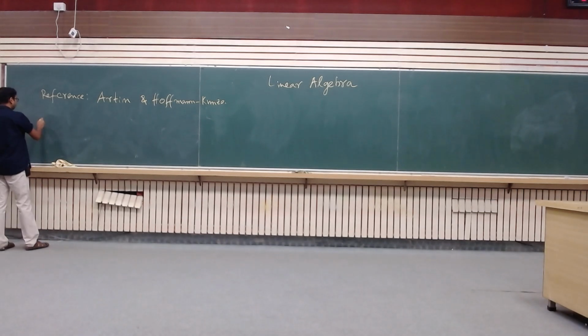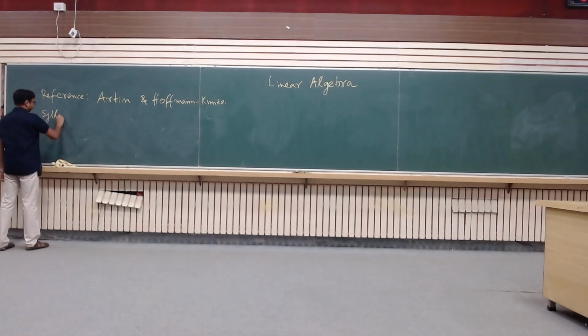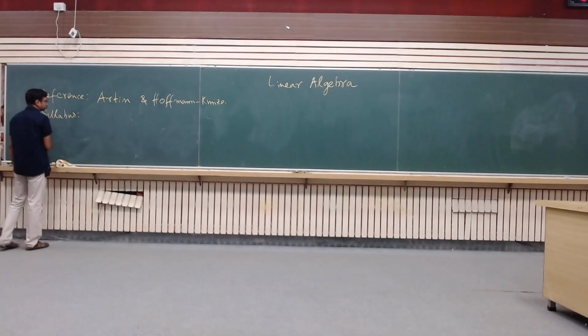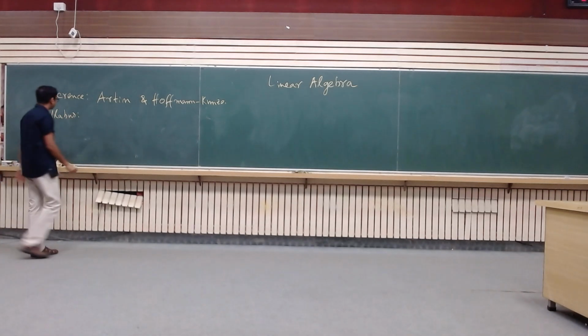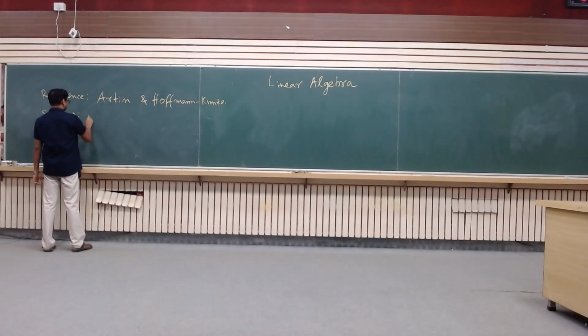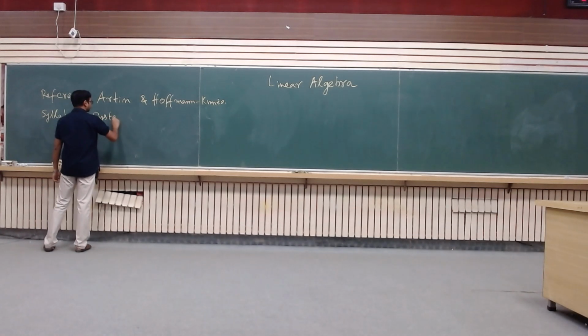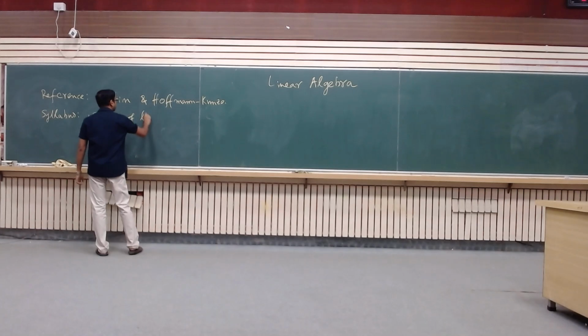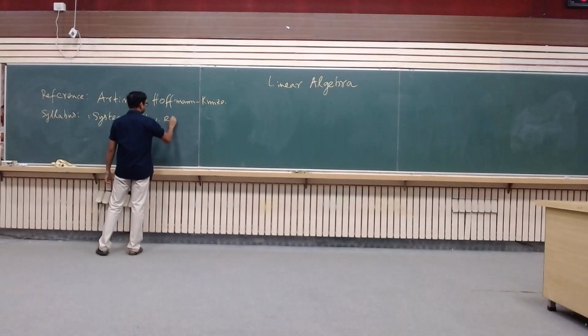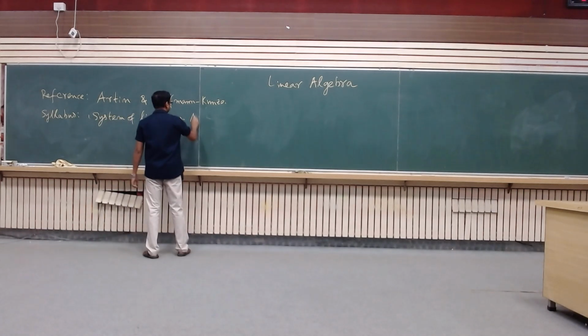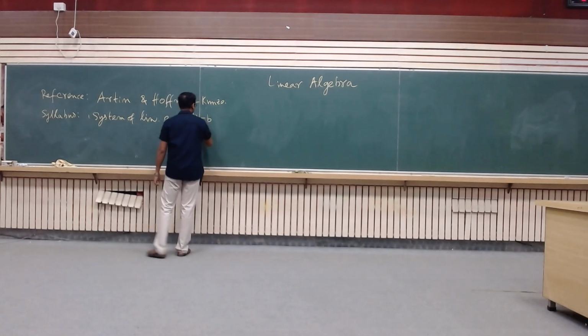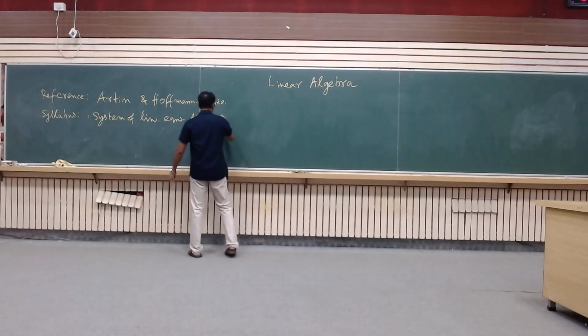And what we are going to cover, well, at first, this is a syllabus, and more or less we'll stick to this. So the first is system of linear equations. Well, it's like Ax = b, and matrices and determinants.